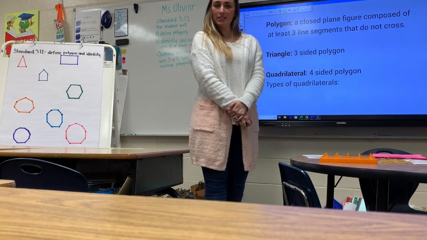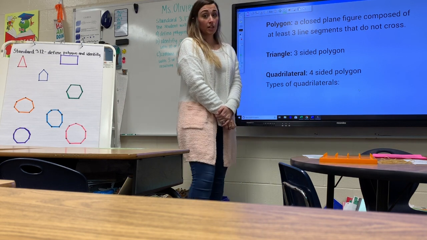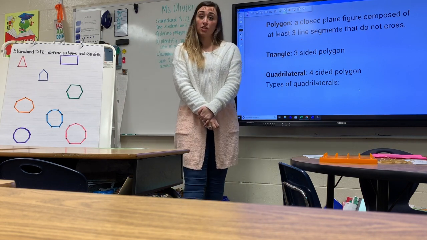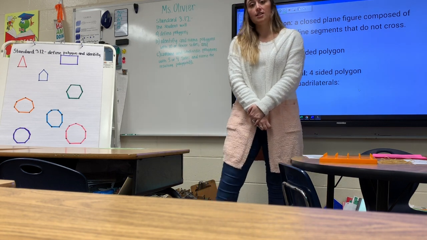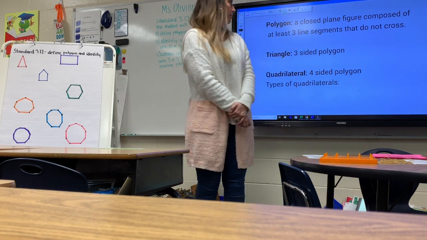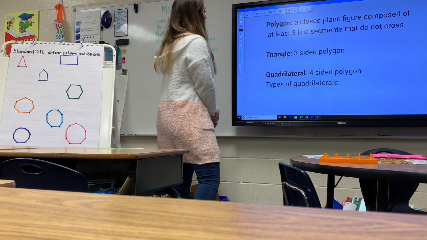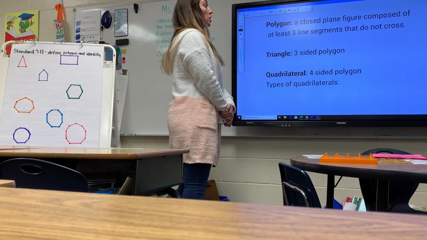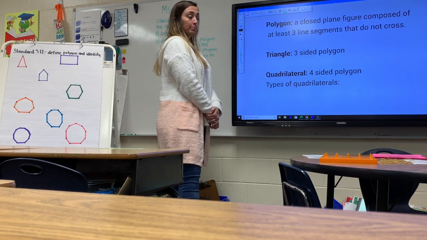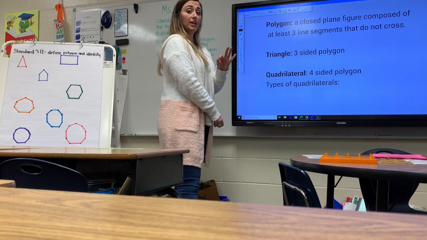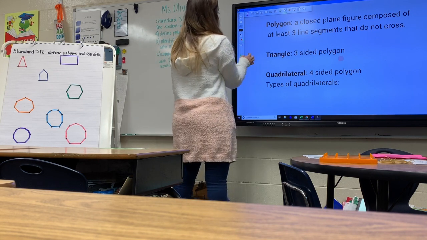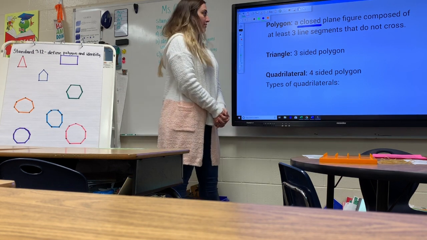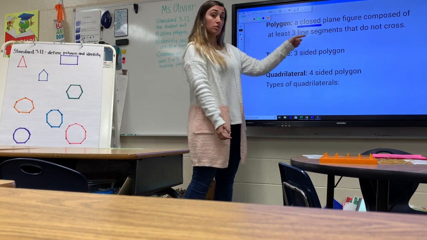Alright, now that we've used the pegboards, we're going to go over a few of our definitions. The first definition, and the most important definition we're going to learn today, is polygon. A polygon is a closed plane figure composed of at least 3 line segments that do not cross. The important part in this definition is that it is closed, so not open.